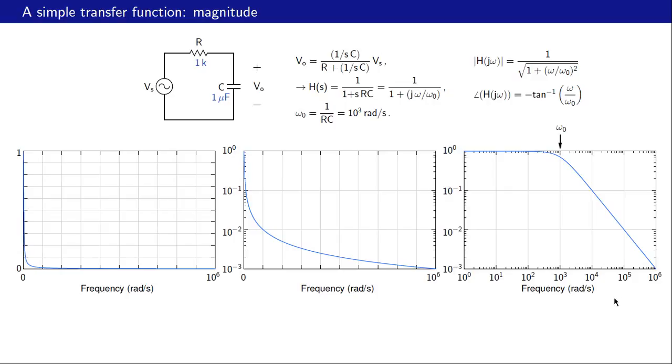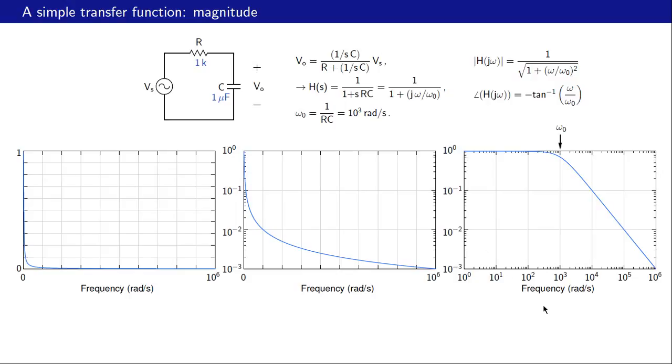For example, let us say we have increased omega from 10 raised to 4 to 10 raised to 5 radians per second. At 10 raised to 4 we are here, 10 raised to 5 we are here. What has happened to mod of h? Mod of h was 10 raised to minus 1. It has now gone down to 10 raised to minus 2.